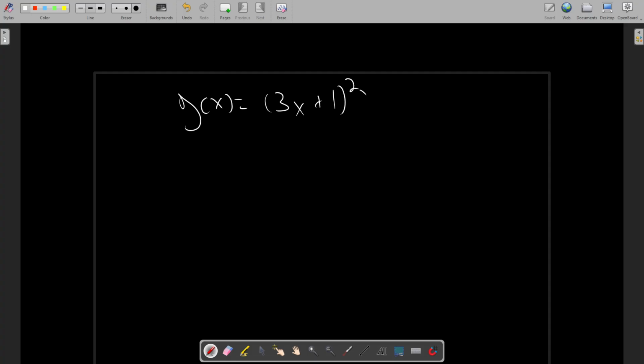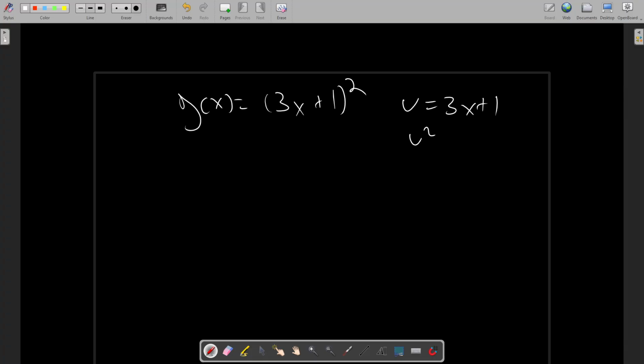In this situation, there's kind of two functions here. So we can say really that u is our 3x plus 1, and that there's an outer function that is giving us u squared.